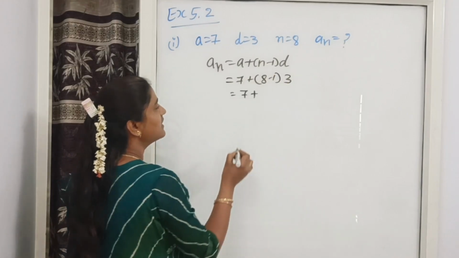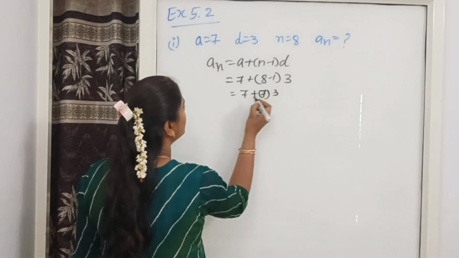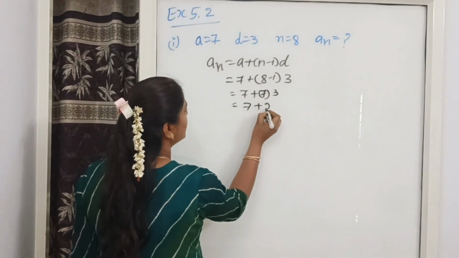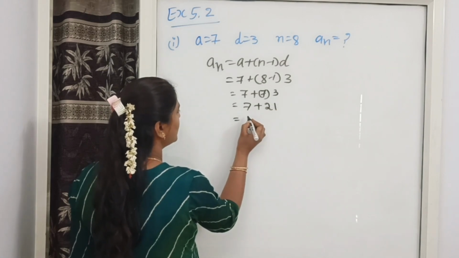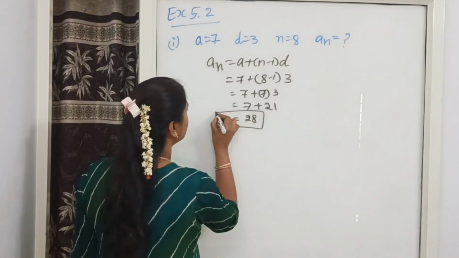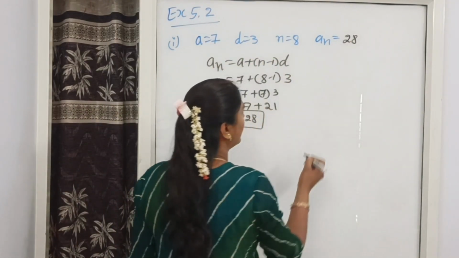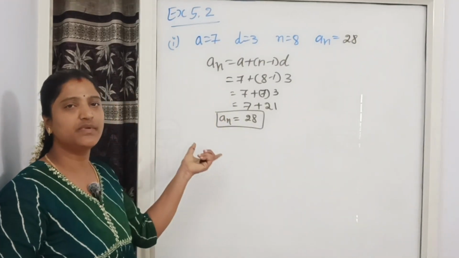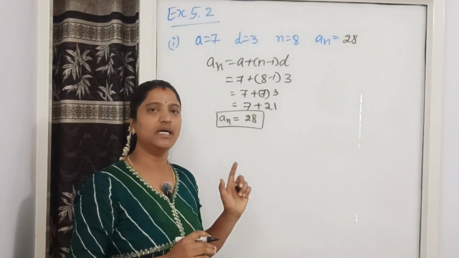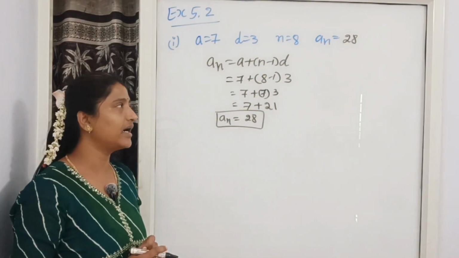So 7 plus 8 minus 1, that is 7, into 3. So 7 plus 7 threes is 21. 21 plus 7 is 28. So the nth term for this given A, D and N is 28. Clear? We just need to apply the nth term formula, substitute what they gave, and find what they asked.